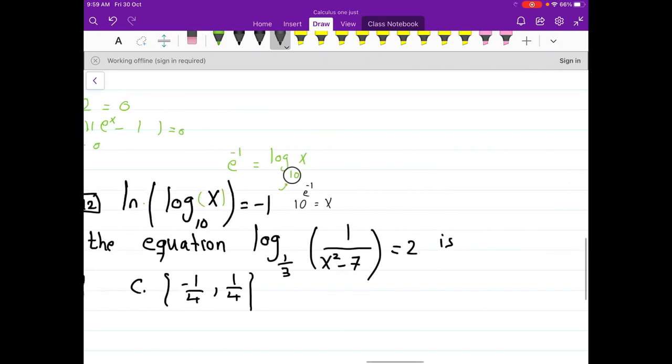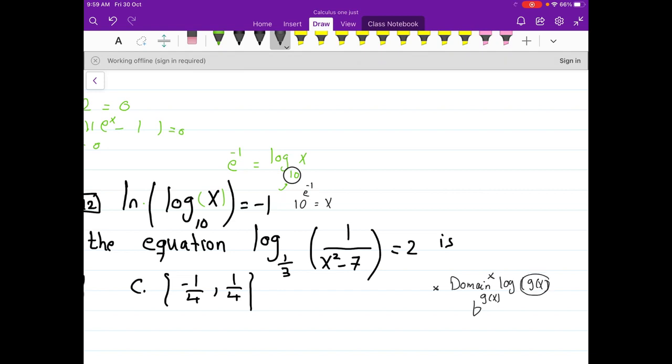So until now, we must be able to find the domain for any function containing log g of x, and you must be able to find the domain for any function b to the power g of x. How can you find the domain for log g of x?